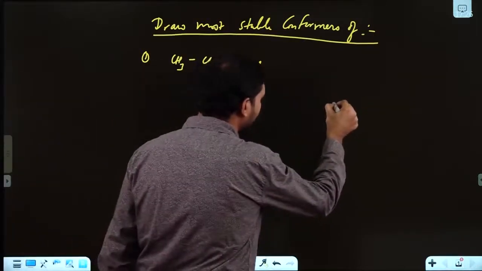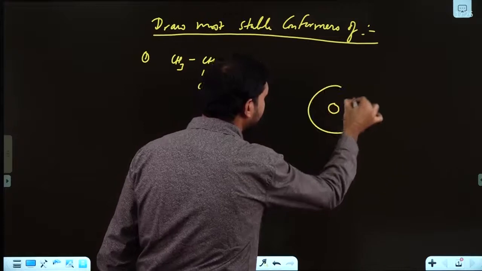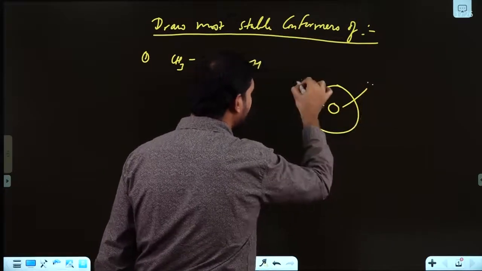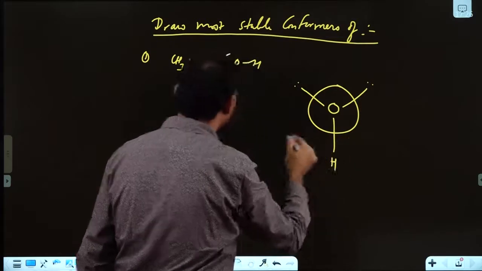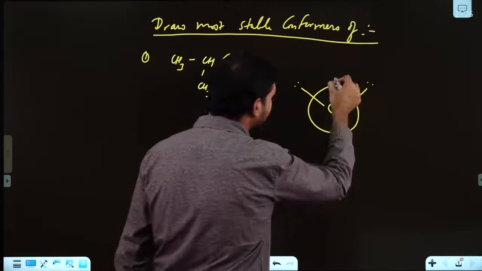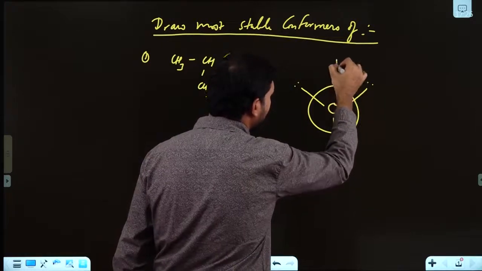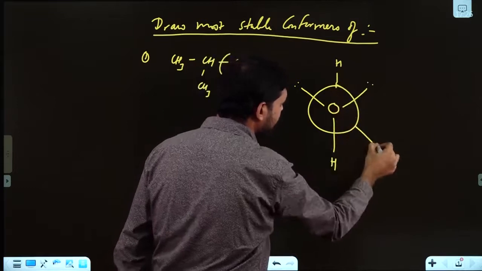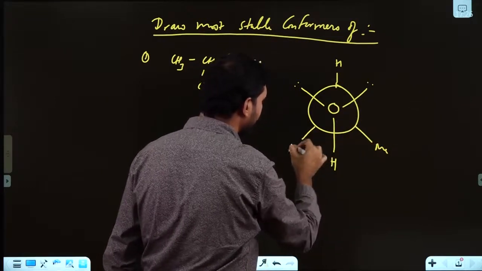Now let's draw this oxygen and this back carbon. This oxygen is having two lone pairs. Simply draw lone pair and hydrogen. Now this carbon is having one hydrogen and two methyls. First you may come across this thought that let's place the hydrogen between these two, right? And this methyl this side, this methyl this side.